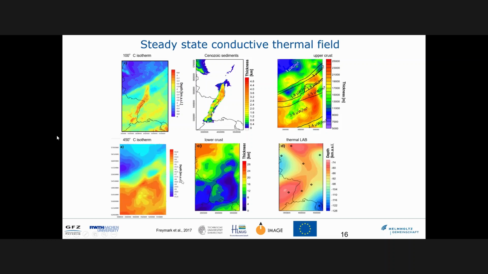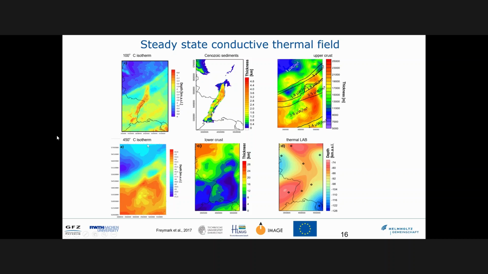If we go deeper now and look at the 450-degree isotherm, we have lost this short wavelength variation pattern completely, and we are left with only this two-part northwestern colder area and hotter southeastern area. That again shows a very strong spatial correlation with the upper crustal configuration. And of course, in turn, also with the lower crustal configuration.